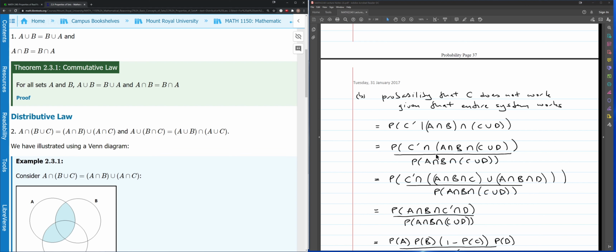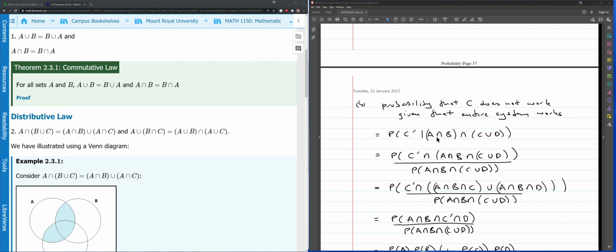But we still need to work out the probability of the top event. Notice this is some intersections and unions. Let me work out what's inside this bracket first: A intersect B intersected with (C union D). Because I have a union inside, I want to use my distributive law.